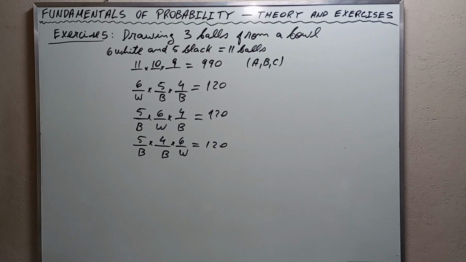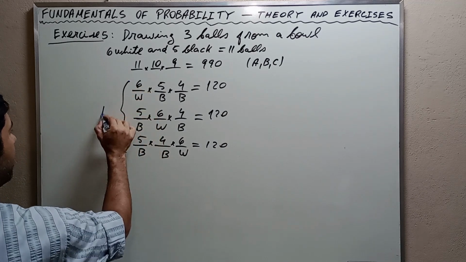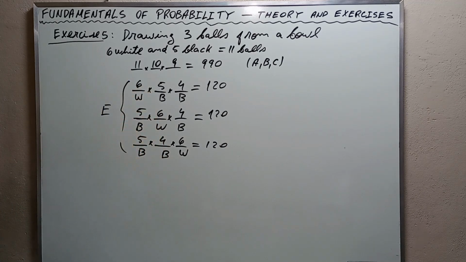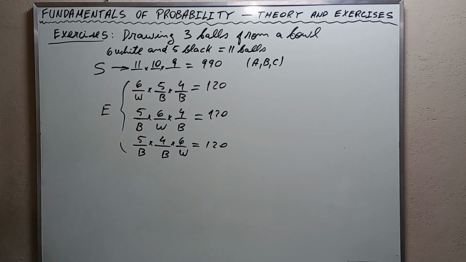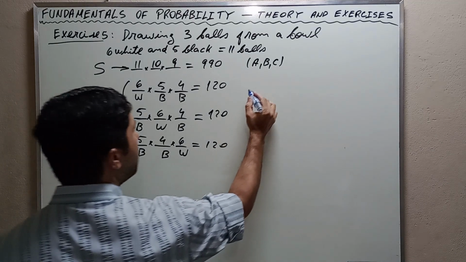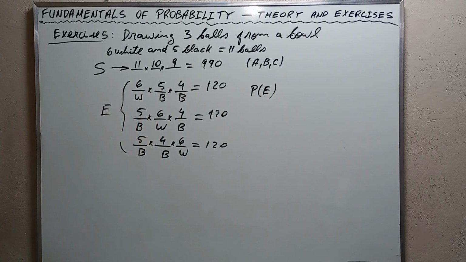Hence, this is the event of interest, my friends, and this is the sample space. The probability that we wish to calculate is the probability of the event of interest.